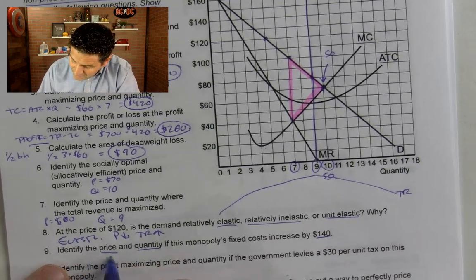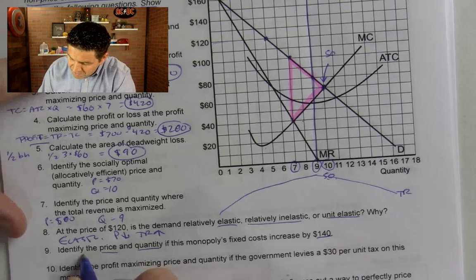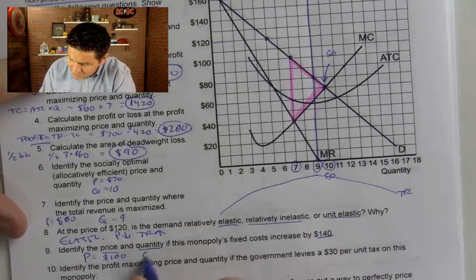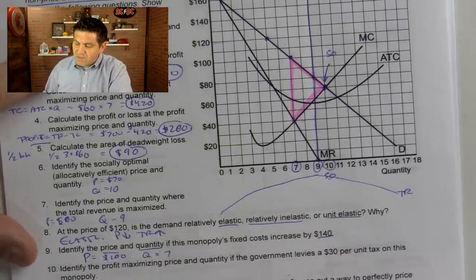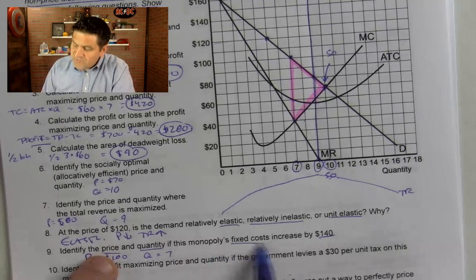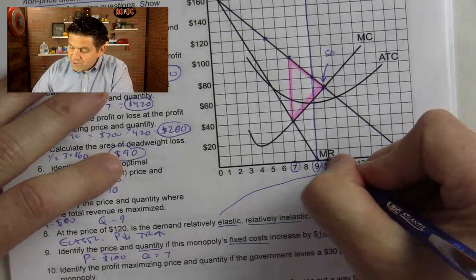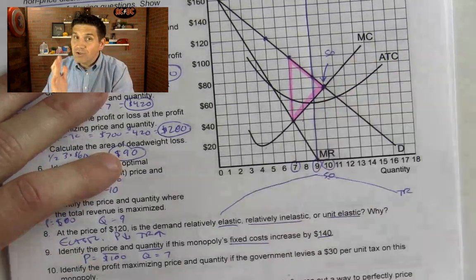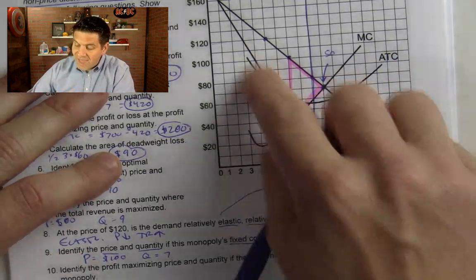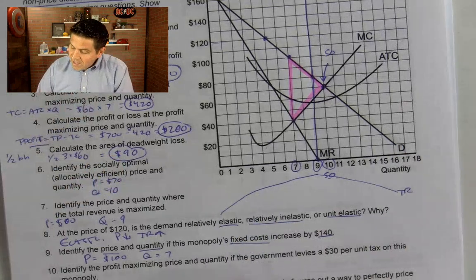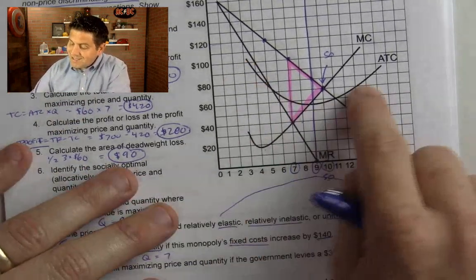So identify the price and quantity. Well, it's the same price and quantity as before. It's $100 price, and the quantity is going to be 7. The reason why is a change in fixed costs does not affect the marginal revenue or the marginal cost, and that tells you your output. It's only going to affect the ATC. So an increase in your fixed cost would cause the ATC to go up.